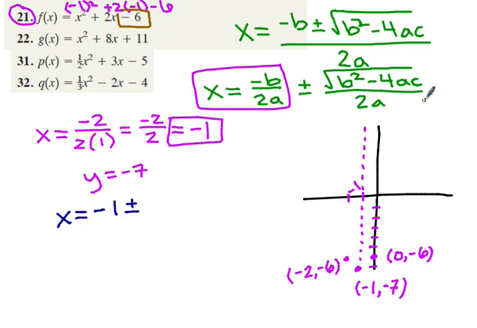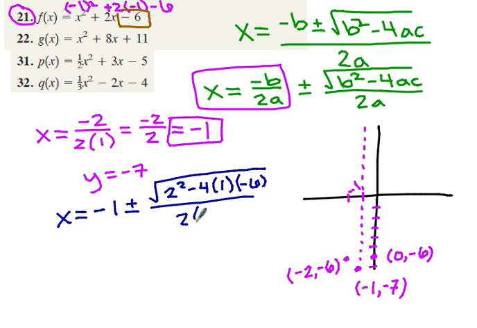So our b is 2, so we're going to end up with a square root of 2 squared minus 4, a is 1, c is negative 6, all over 2a. And so we'll end up with negative 1 plus or minus the square root of 28, so that'll be 4 plus 24, square root of 28 all over 2.